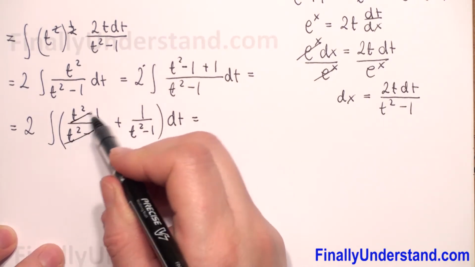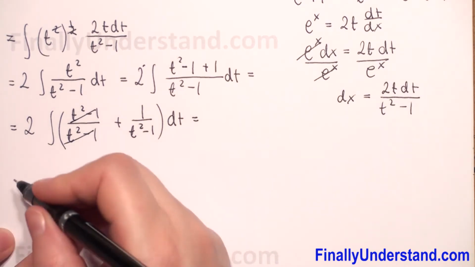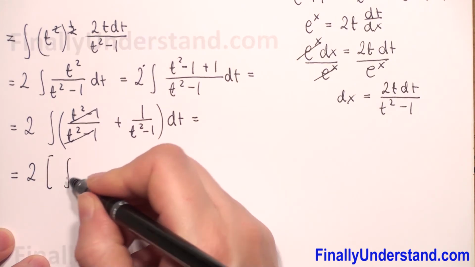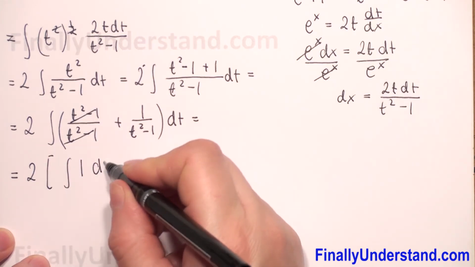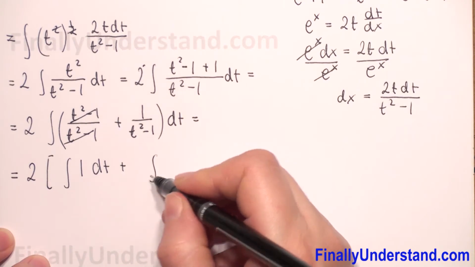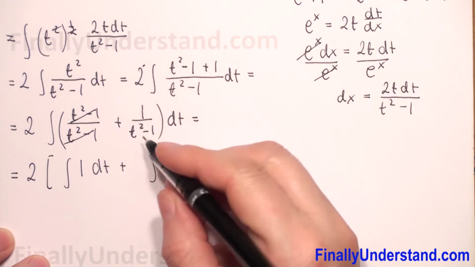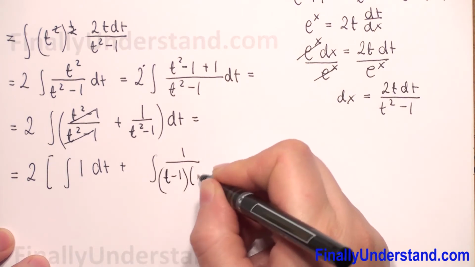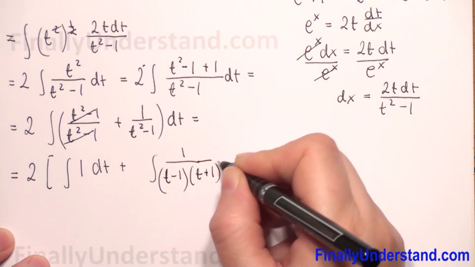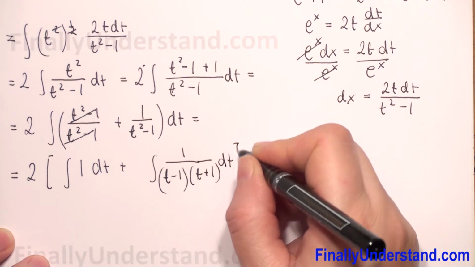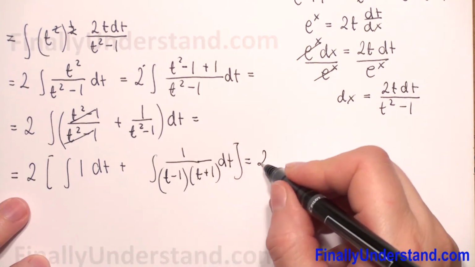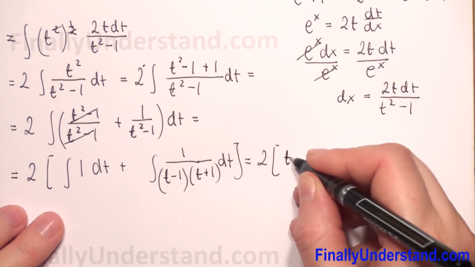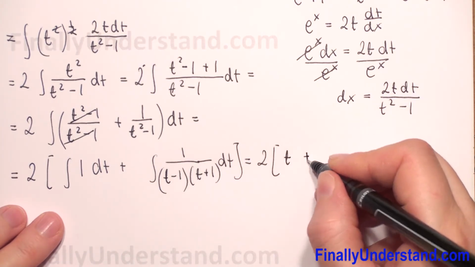T square minus 1 we can reduce, and we have that this is equal to 2 times integral of 1 with respect to t plus integral of 1, and denominator we can rewrite that this is t minus 1 times t plus 1 dt. So this is equal. We have 2, and in brackets integral of 1 with respect to t is t, and we have plus.